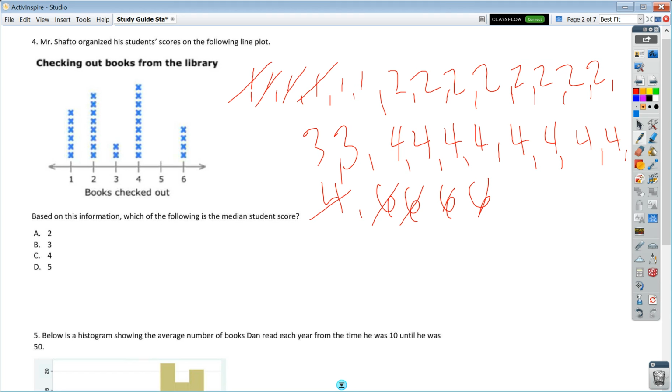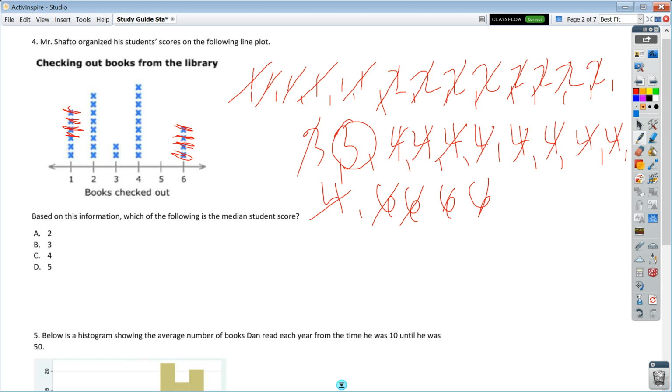And that's one way to do it. I don't find this to be the easiest way, personally. I think it's easier to cross off the X's, and I'll show you how to do that shortly. So my answer here is 3. The other way you can do it is you can cross off the X's until you just get to the middle.